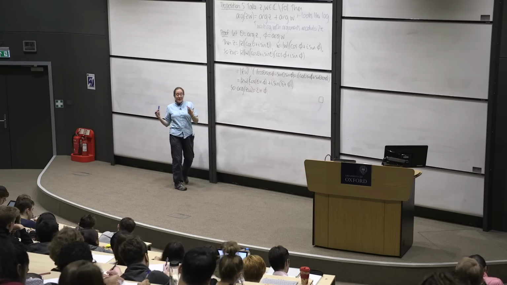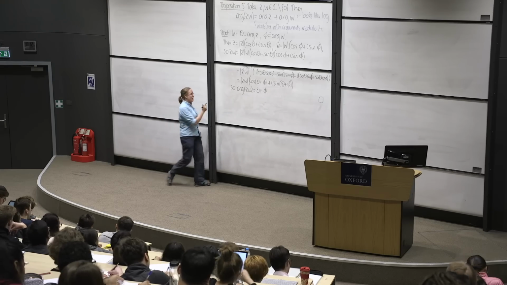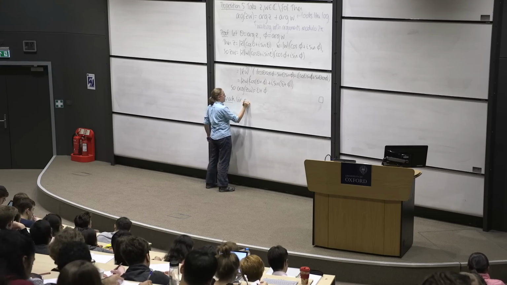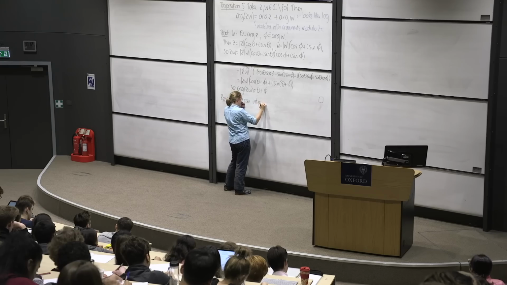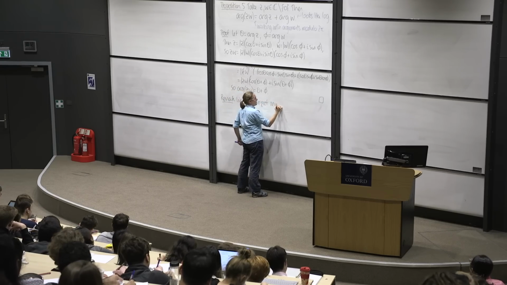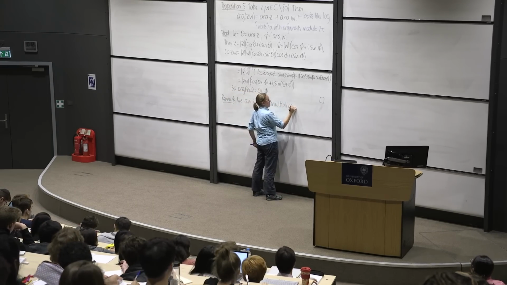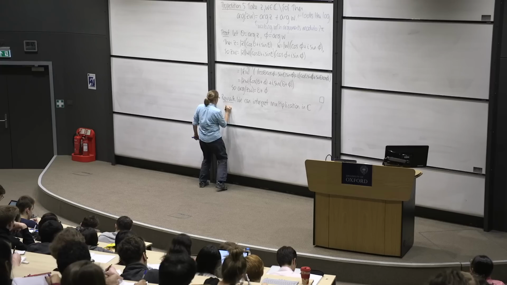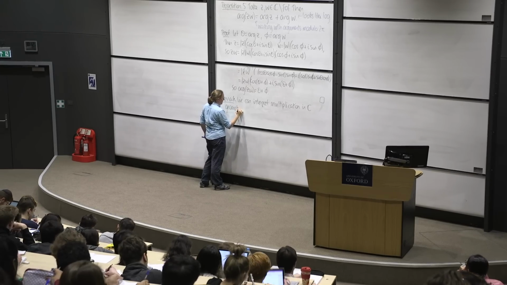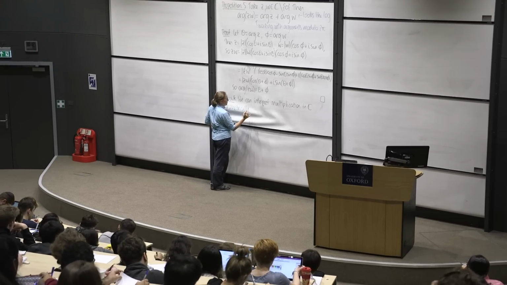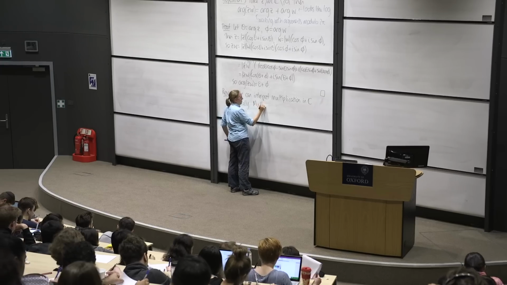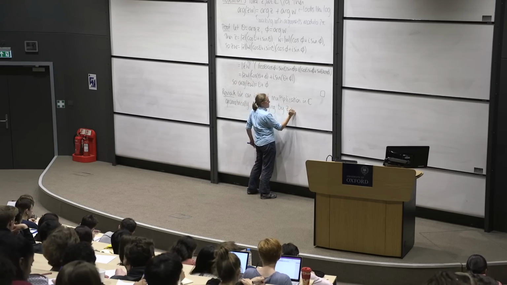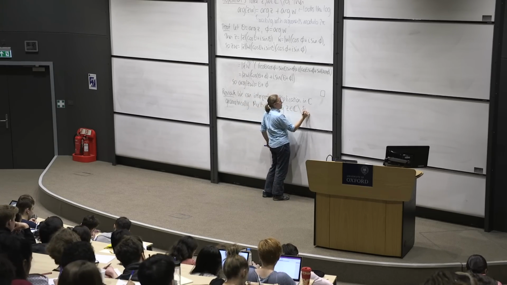So we can use this to make sense of multiplication in a geometric way. So remark, we can interpret multiplication in C geometrically. So multiplying by a non-zero complex number z. Multiplying by 0 is not so exciting.